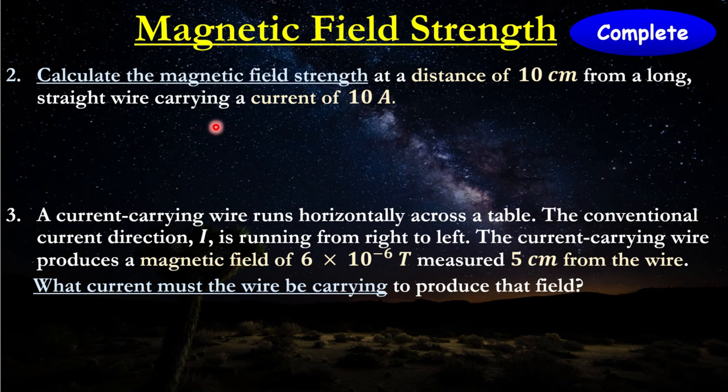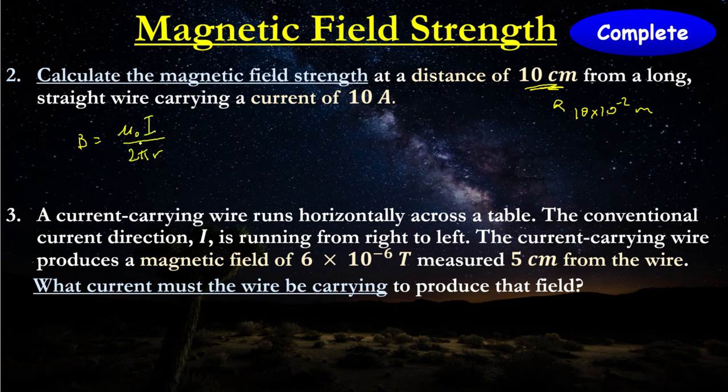Okay, so let's go through a couple of calculation questions. Calculate the magnetic field strength at a distance of 10 centimeters. As always, make sure you convert your units, so 10 times 10 to the power of minus 2 meters, when we have a straight wire conductor carrying 10 amps. The equation we're going to use is B equals mu naught I over 2 pi r.